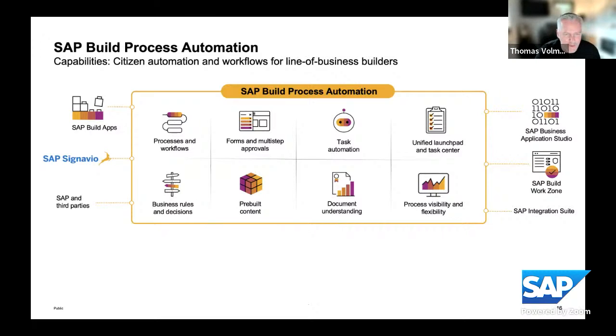Several hundred customers are now already using and enjoying the no-code approach towards citizen development for process automation. And now with SAP Build Process Automation, we take the next step.